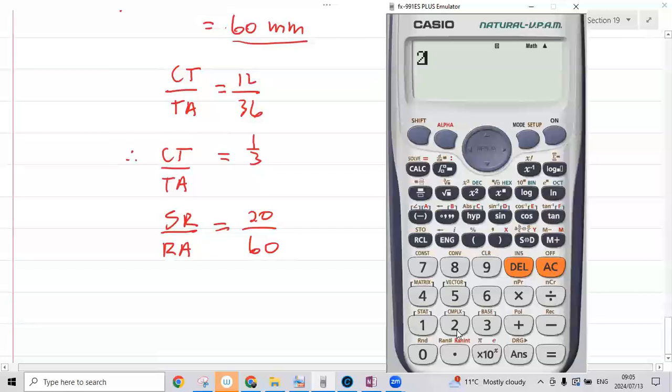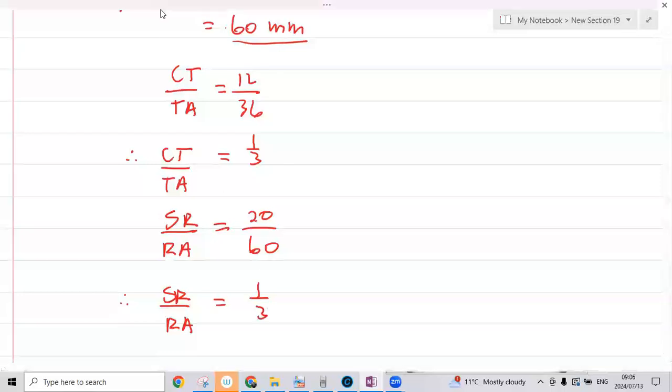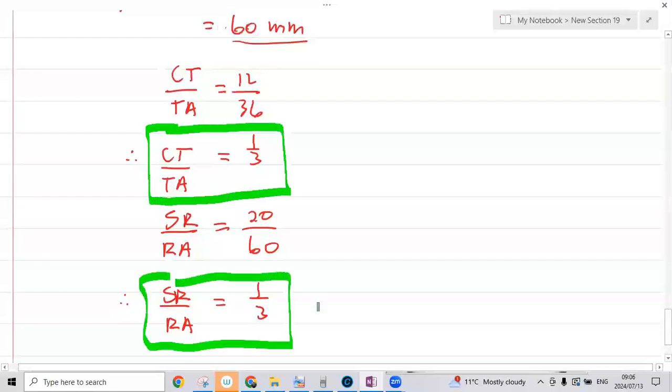Just to double check, 20 over 60 is 1 over 3. So therefore, SR over RA equals 1 over 3. So what do we notice now? You'll notice that the sides are in proportion, therefore the lines must be parallel to each other.